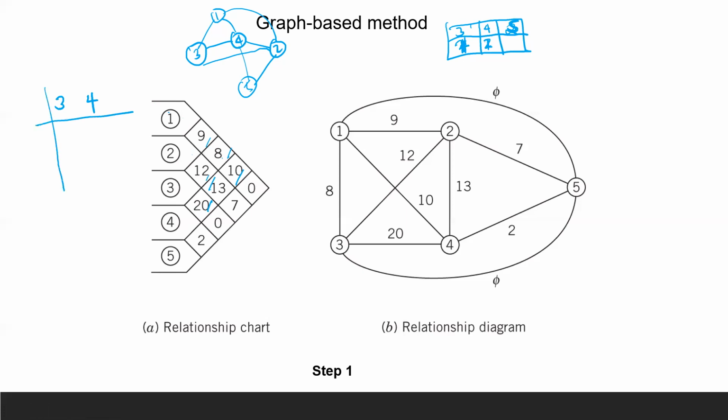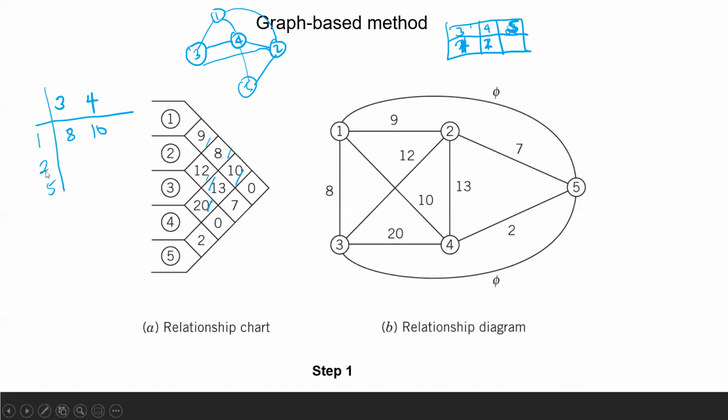Iko-compare naman natin siya sa other departments. Ano po yung other departments natin? 1, 2, and 5. Okay, ano po ang relationship ng 1 and 3? 1 and 3, 8. Nakuha? Nakuha po? 1 and 4, ano yung relationship? 10. Okay.